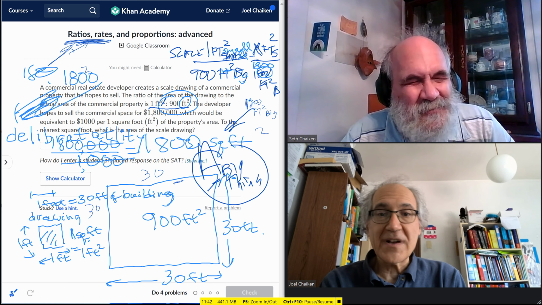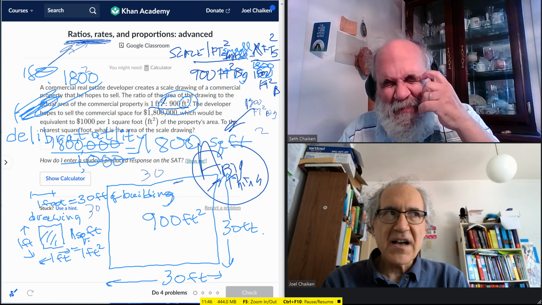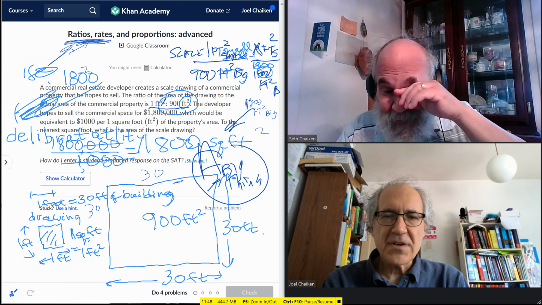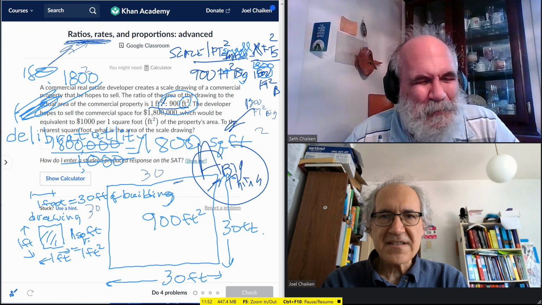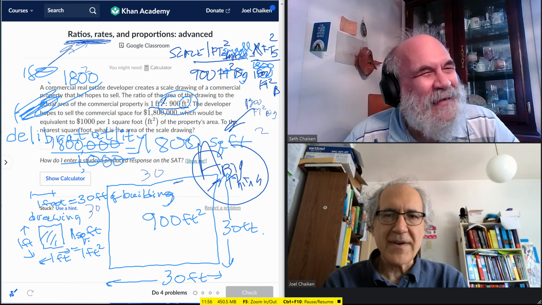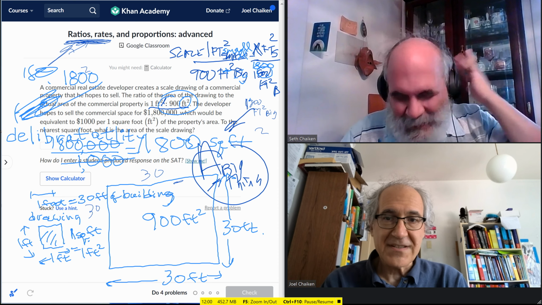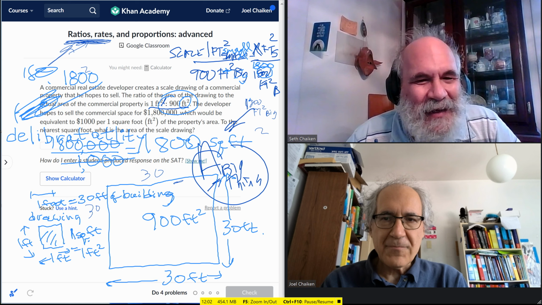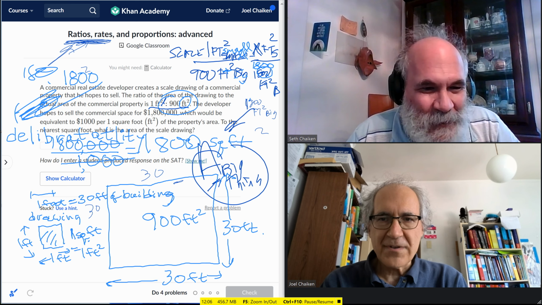Well, the areas are 1 to 36, and the volumes are 1 to 6 cubed. So the areas go as the scale of the length squared, and the volumes go as the scale of the length cubed. That's more of a geometry thing, but we'll probably see that in the geometry questions. But right now, they're just going for ratios.